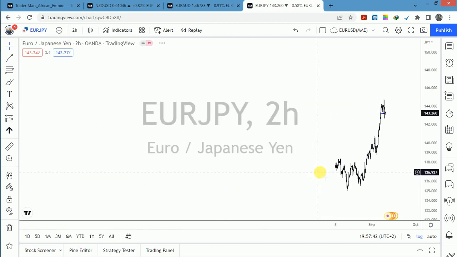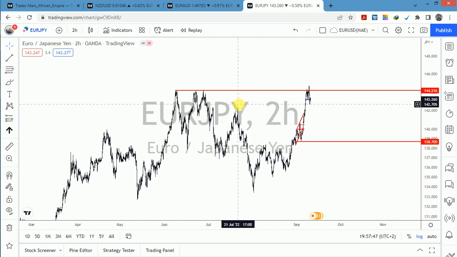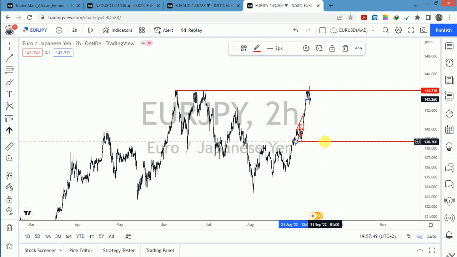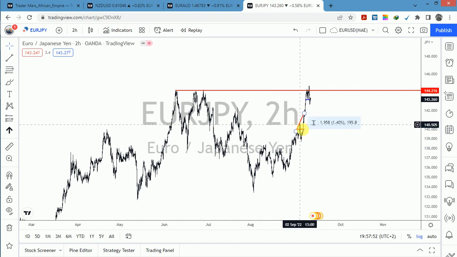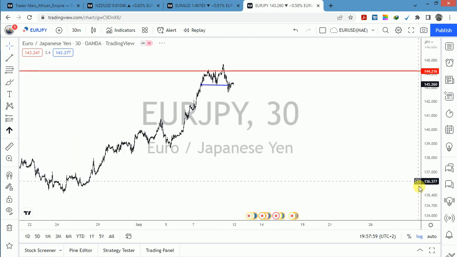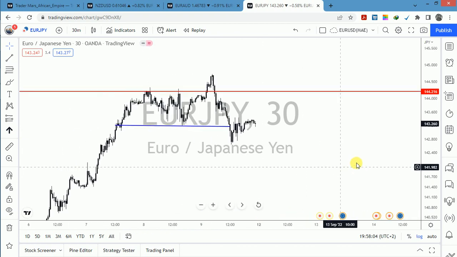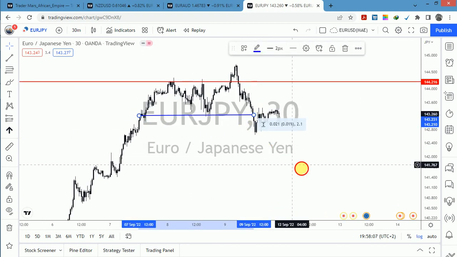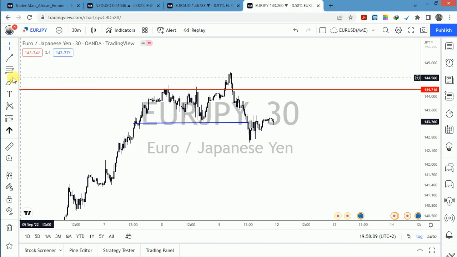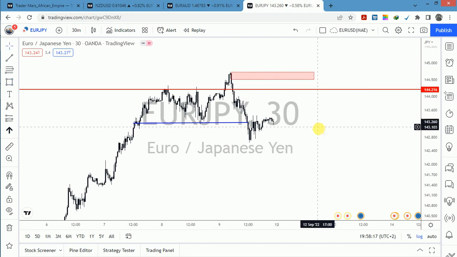So let me see once again. Alright, now that's good. I think you can get something from this pair. So we'll be hoping to sell this pair when it gets to the zone.